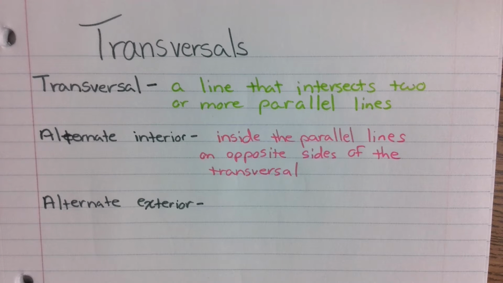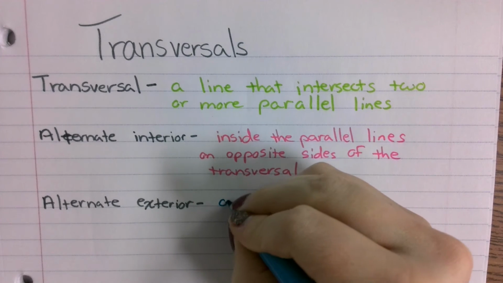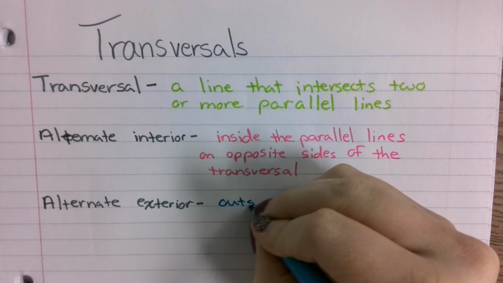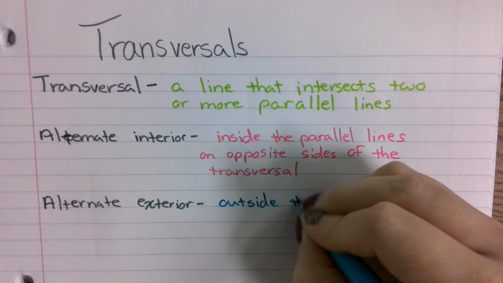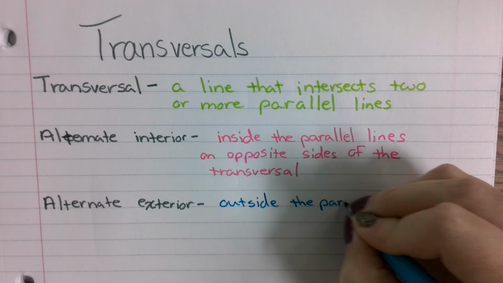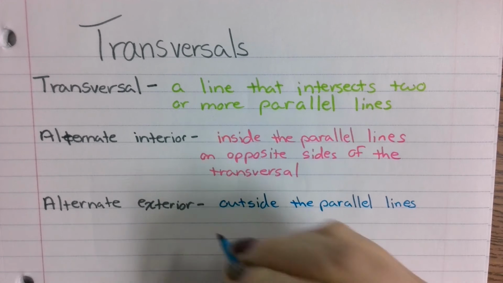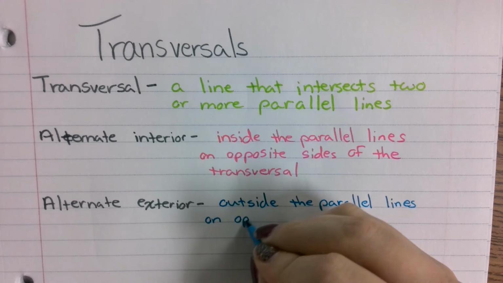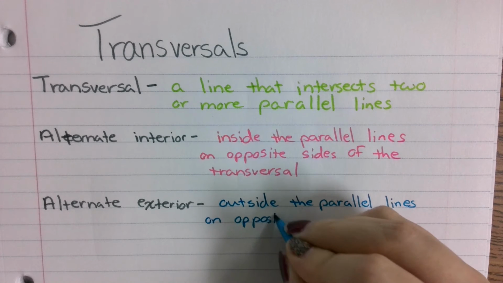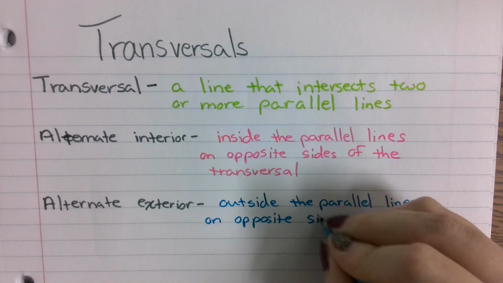On the outside. Interior is inside, exterior is outside. So alternate exterior is outside the parallel lines. And again, they're on opposite sides and ends of the transversal.